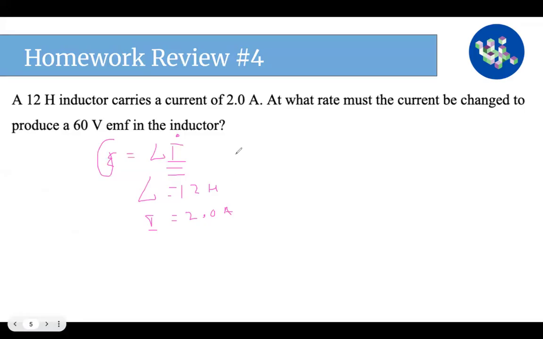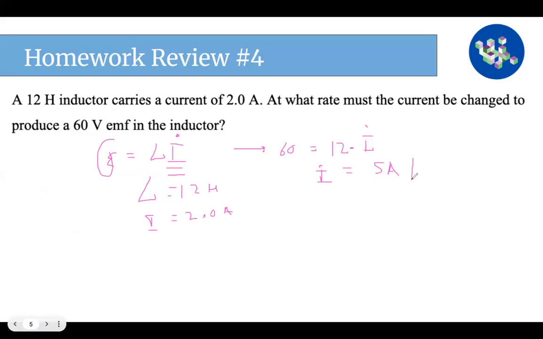So 60 volts equals the inductance, which is 12, times di over dt, so I dot would have to equal 5 amperes per second.